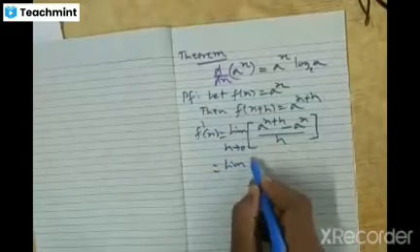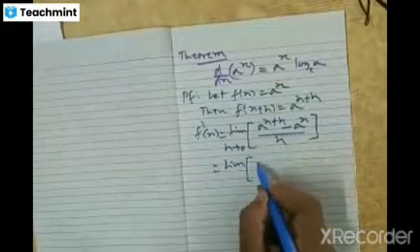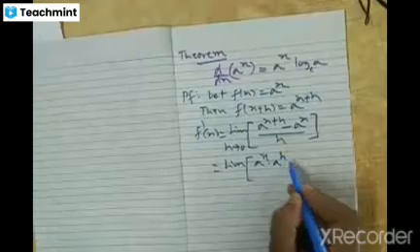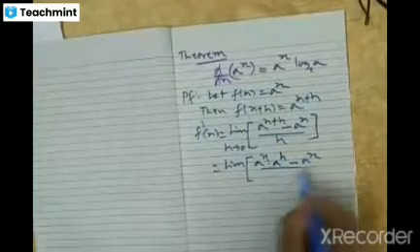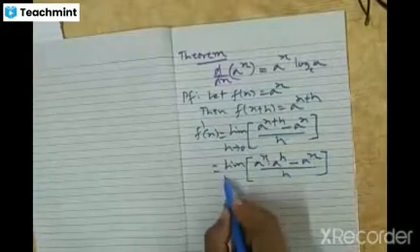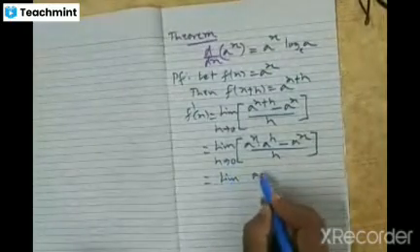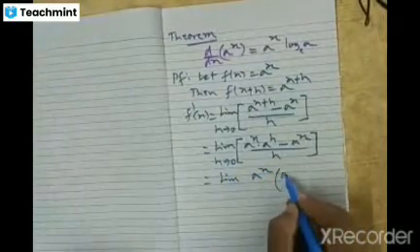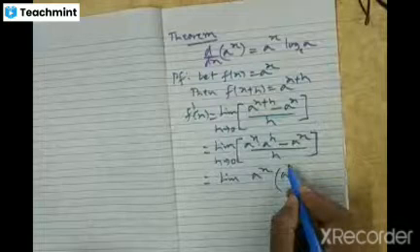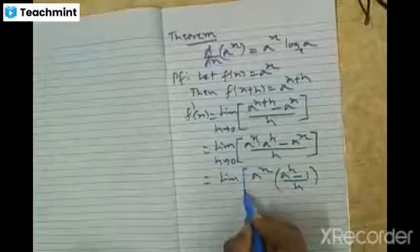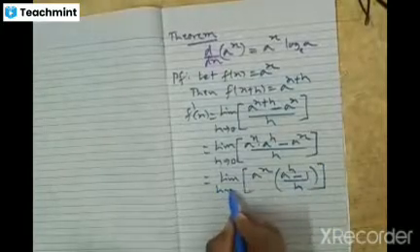Using law of indices, we can write a power x plus h as a power x into a power h, minus a power x, by h as h tends to 0. You can take a power x common in numerator. So rest is a power x into a power h minus 1 divided by h as h tends to 0.